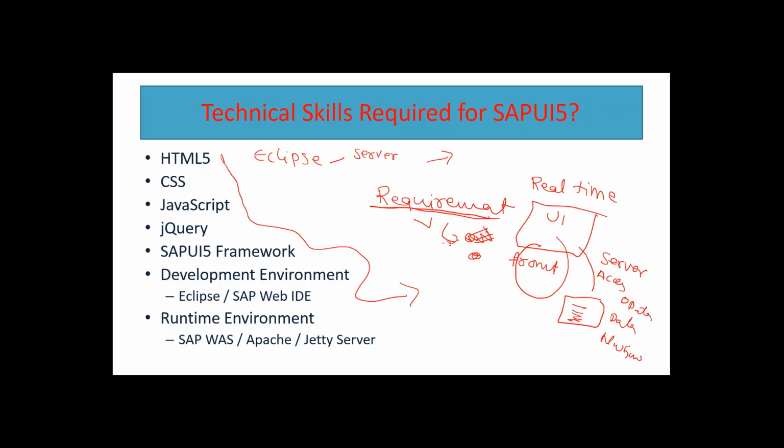Right. Initially, we will be using dummy data because I want you to concentrate on the UI5, because we are all ABAPers. I know that you are better than me at this point of time. Once you understand NetWeaver gateway and what OData is, you are better than me.